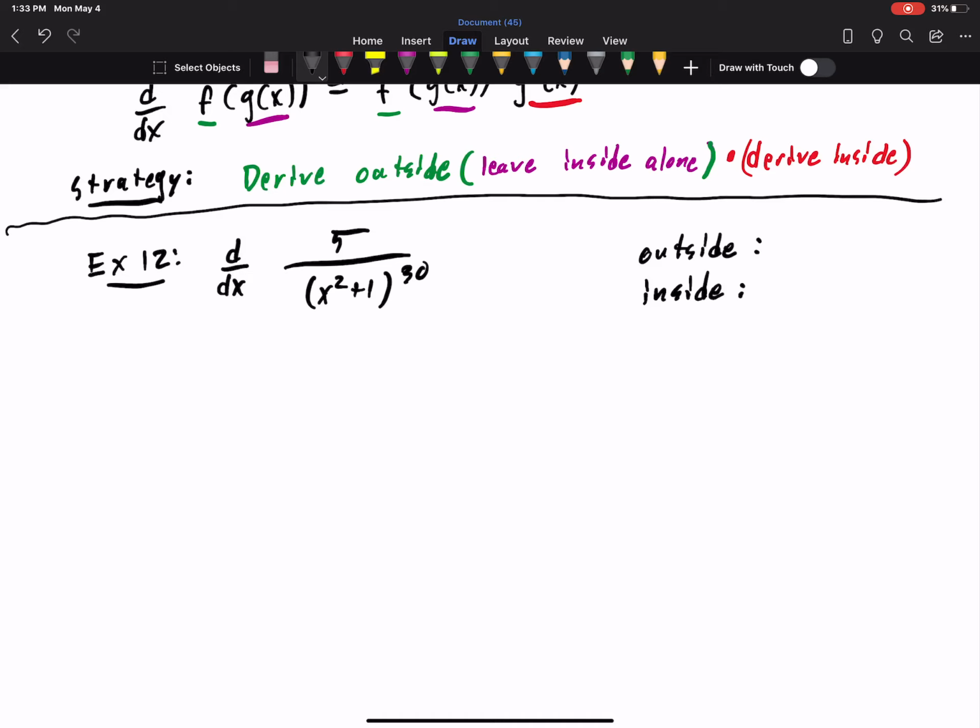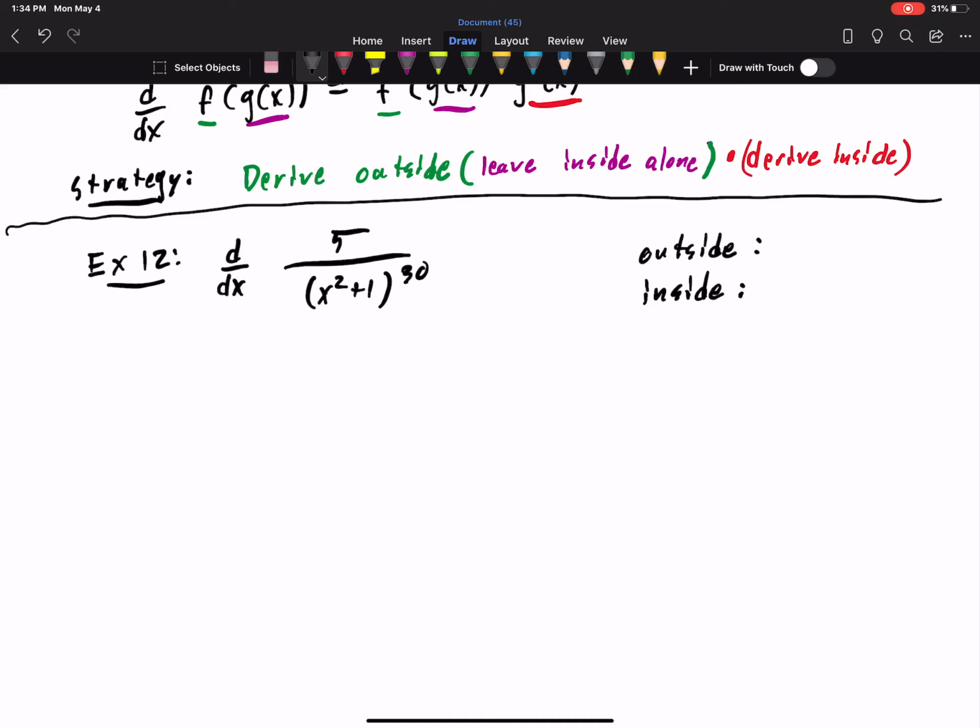So when you have stuff in the denominator for a chain rule problem, or actually for any derivative problem really, if you don't want to use the quotient rule, what you want to do is bring everything up to the numerator and negate the exponent. All right, so looking at this here, I have this 30 in the exponent in the denominator.